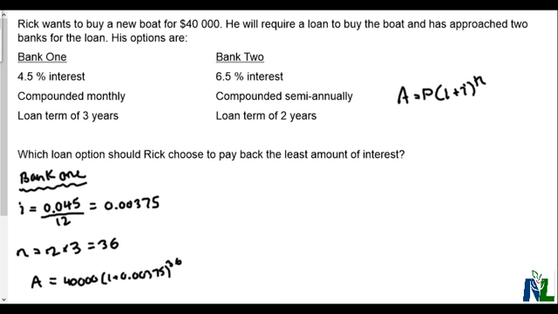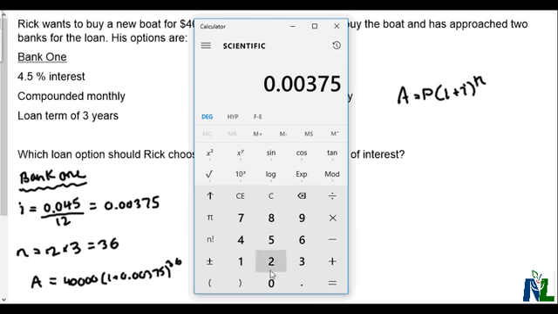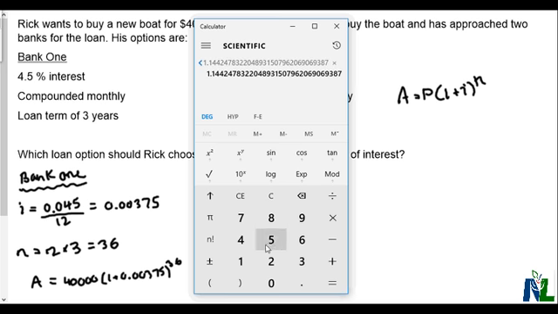So I'm going to do that over here. So I've got 1 plus 0.00375. That's going to be to the exponent of 36. I'm going to be multiplying that by 40,000. So we get a value of $45,769.91.